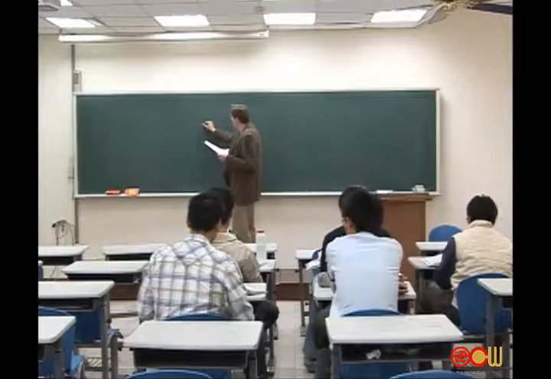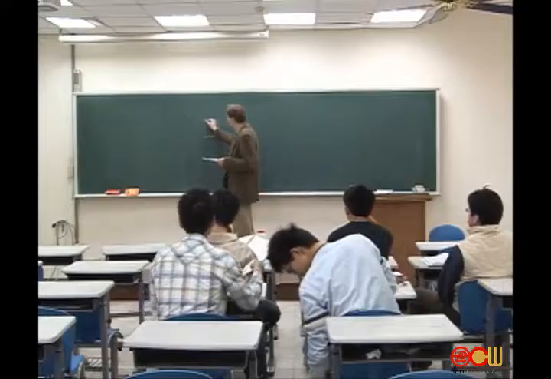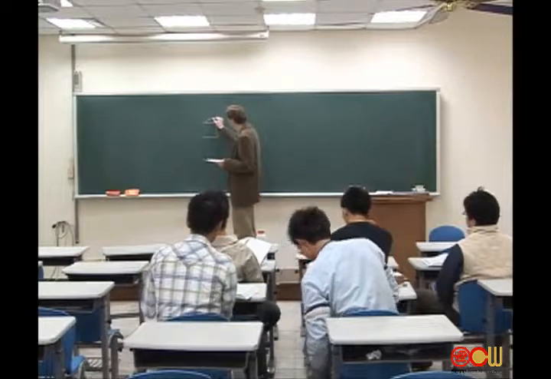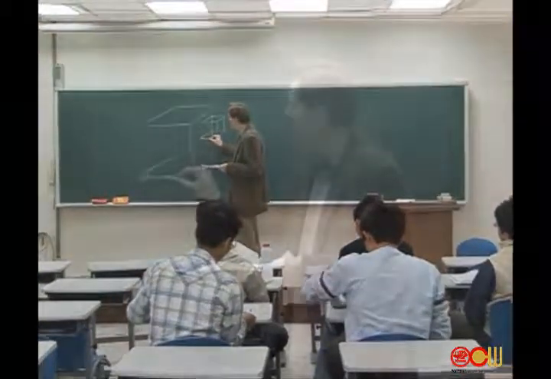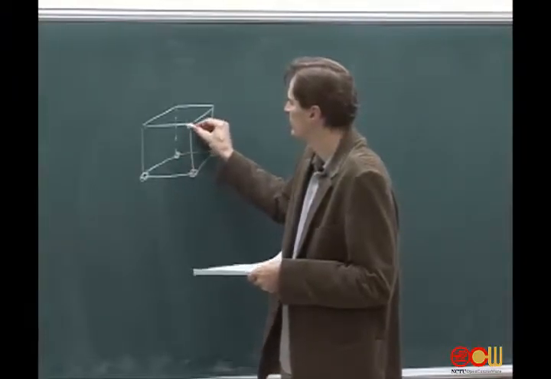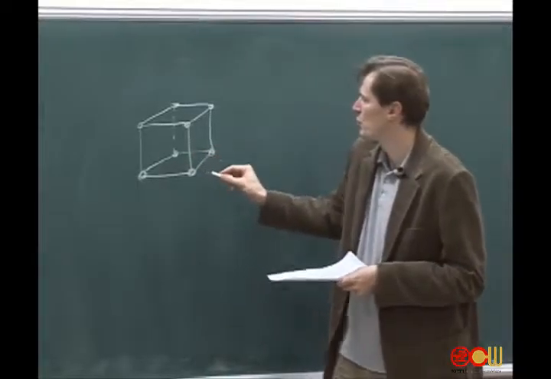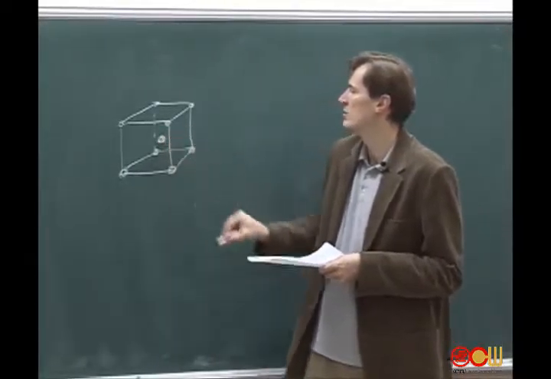So after I came back to my office, I did once again the experiment with the tennis balls. You remember probably, we had the crystal where the atoms were in the corners, and except for that, there was one extra atom in the middle of the cell.